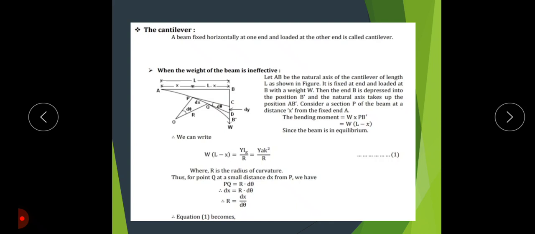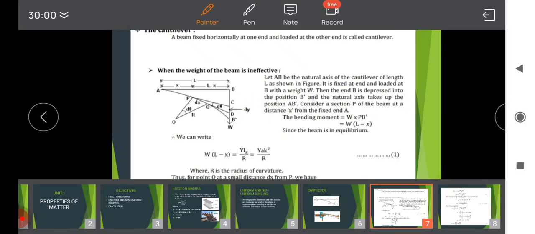The radii at P and Q are perpendicular to these tangent lines. Also, the depression of Q is equal to CD, the smaller depression, which is taken as dy.